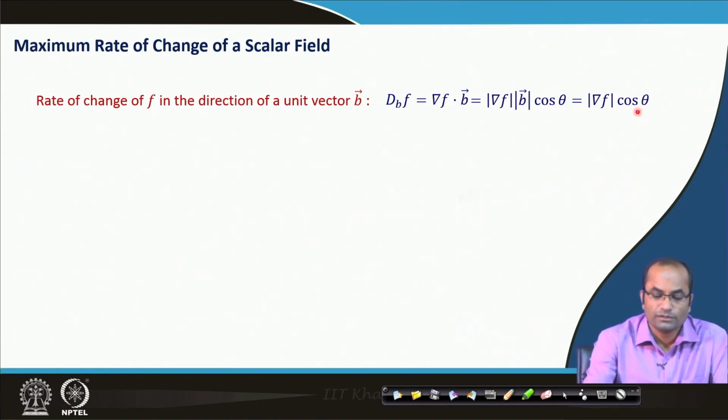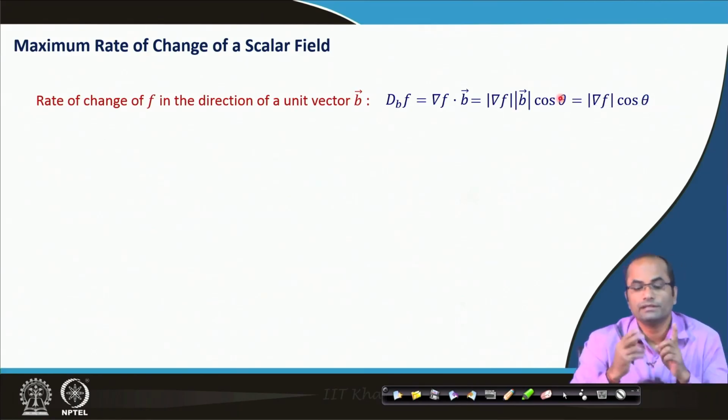Now, it is important to note here that the rate of change in the direction of vector b will be maximum when cos theta is 1, that means theta is 0, where theta is the angle between del f and the unit vector b.